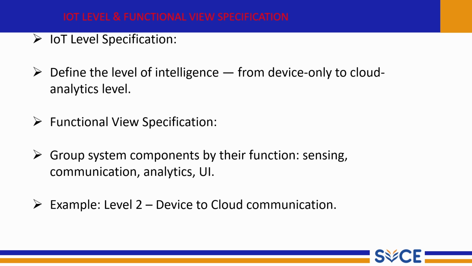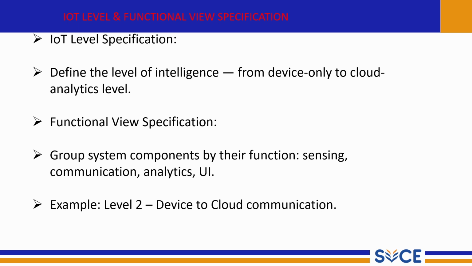The purpose is to select the appropriate design depending on the system scale and intelligence. For example, level 2 is where the device sends the data to the cloud. Level 5 means the system uses AI for automatic decision making.